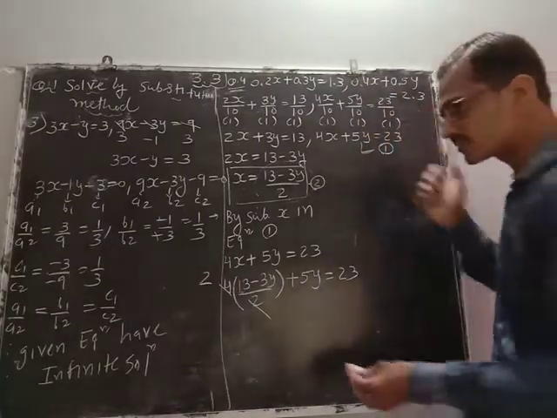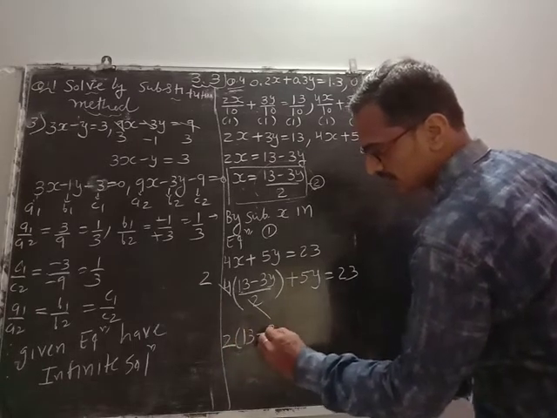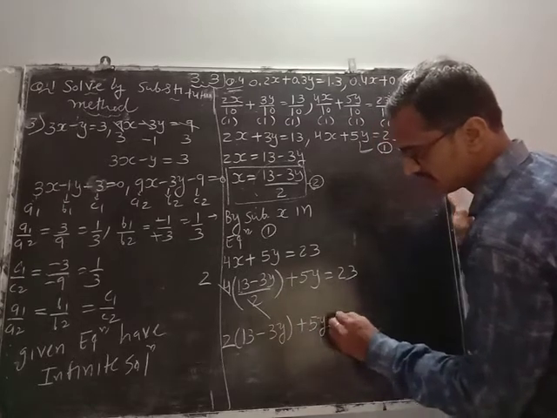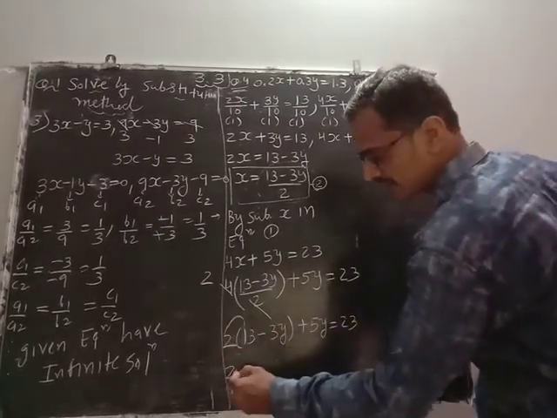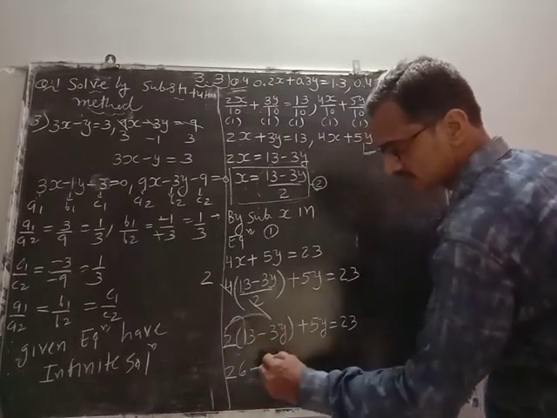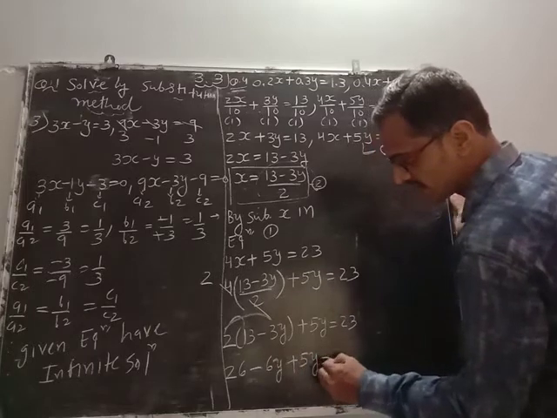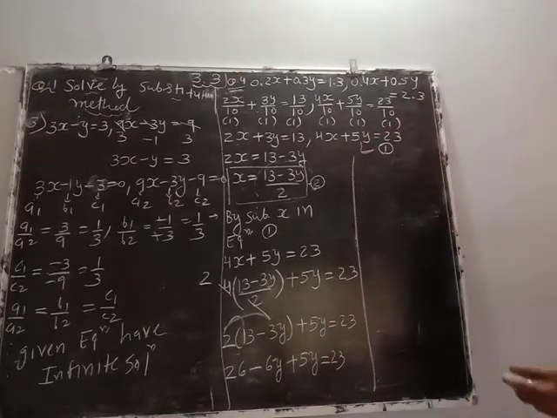Now we have 2 bracket 13 minus 3y plus 5y equals 23. Multiply inside the bracket. 13 2s are 26 minus 6y plus 5y equals 23.